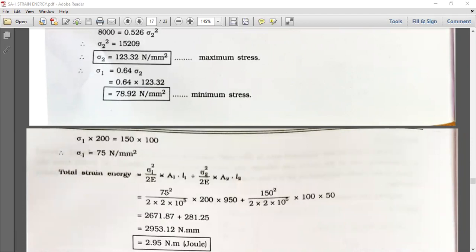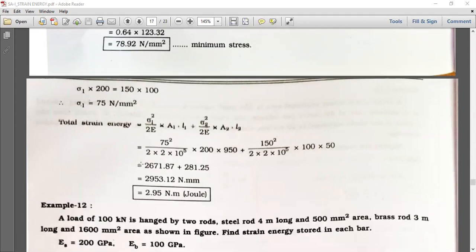Now, sigma 1 is equal to 75 Newton per square mm. For total strain energy, we already have the equation: sigma 1 square upon 2E into A1 into L1 plus sigma 2 square upon 2E into A2 into L2. Put the values and we get 2.95 Newton meter.